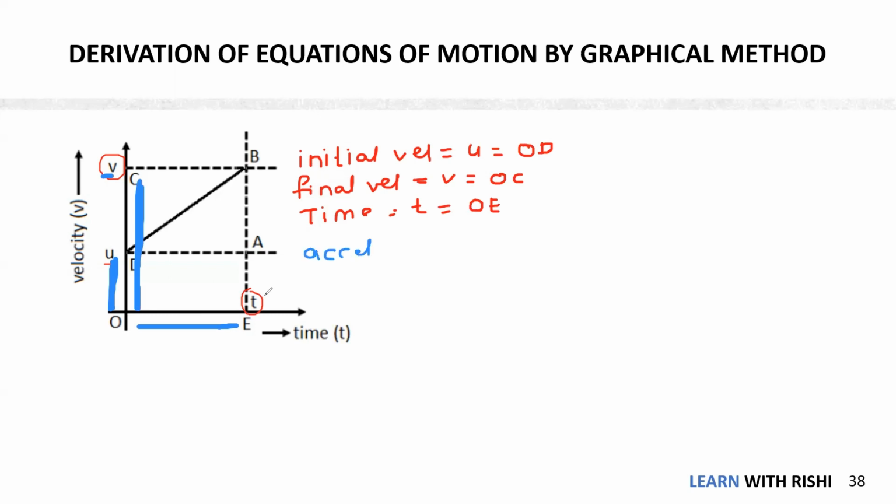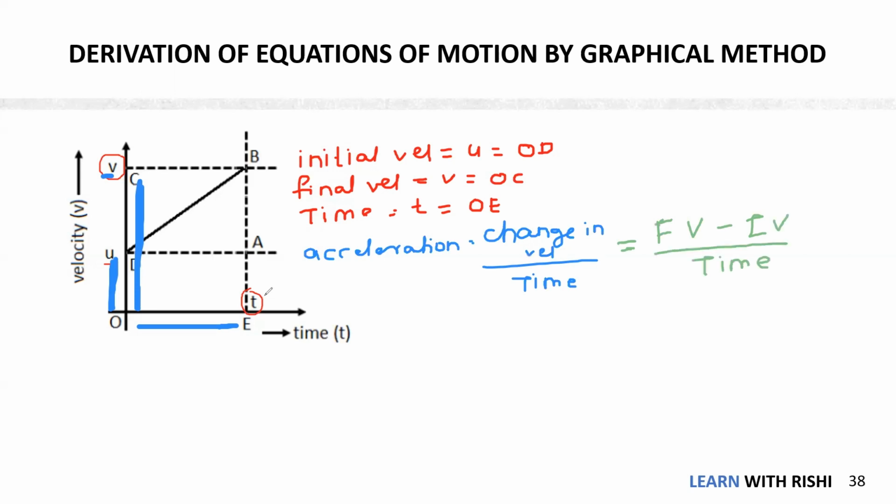Acceleration is nothing but change in velocity upon time. Now what is change in velocity? Change in velocity is nothing but final velocity minus initial velocity. So write here final velocity minus initial velocity upon time.